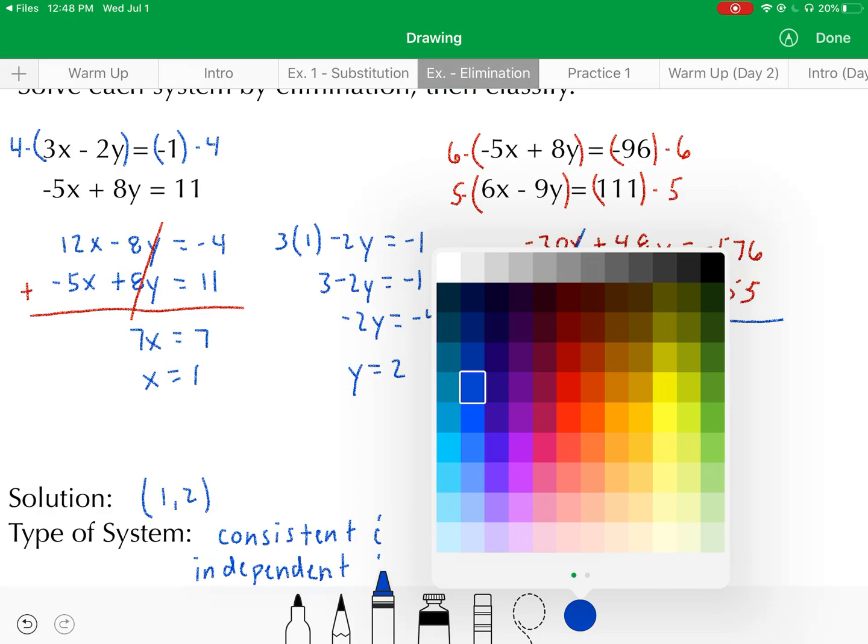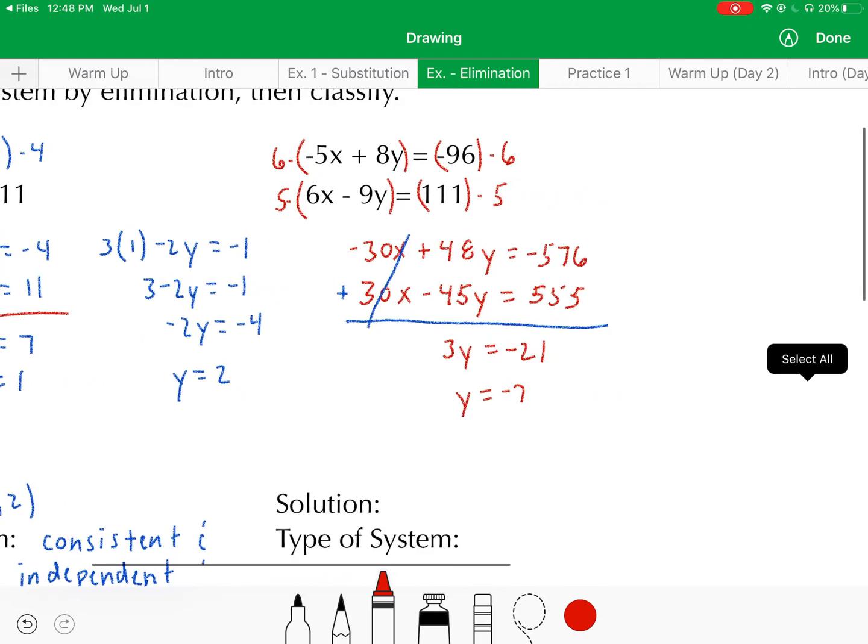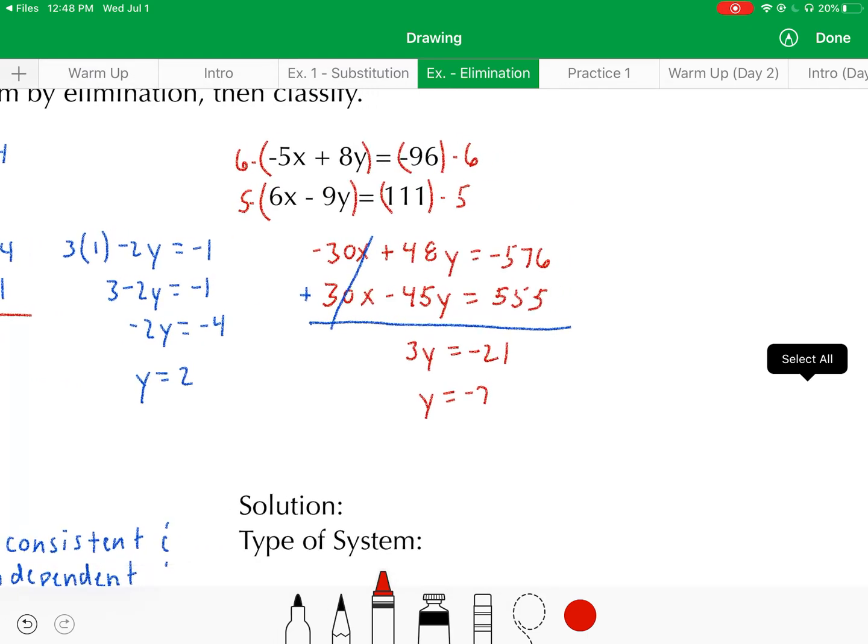Okay. All right, now when I perform the addition here, x variables cancel or eliminate. 48y plus -45y would be 3y, and then -576 plus 555 would be -21, making y -7. Now I'll take -7 and plug it in for y in either one of the two original equations. Once again, I'm just going to use the top equation.